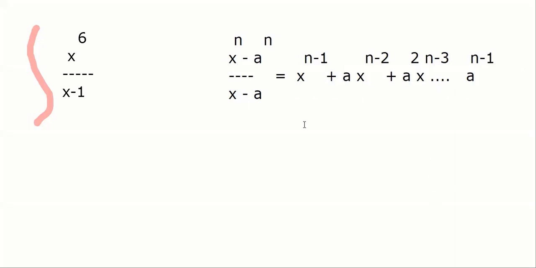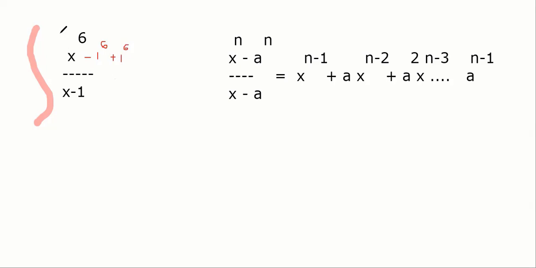Then you write, I'm only giving you a hint, you write this as x to power n minus a to power n by x minus a. Obviously, you have to do this also to balance it, but the main point is this.